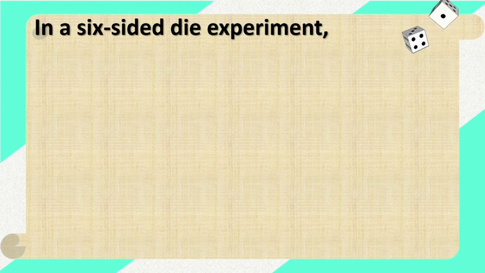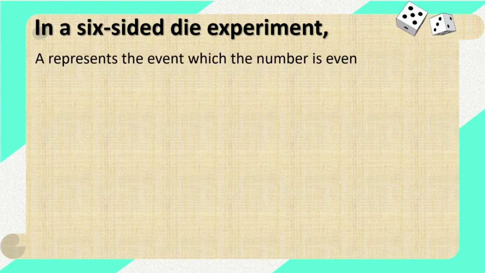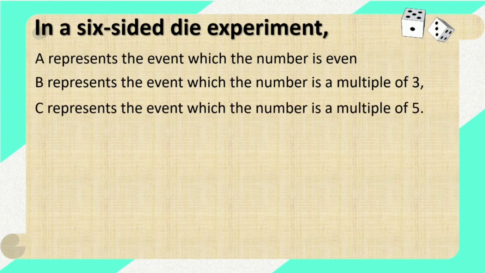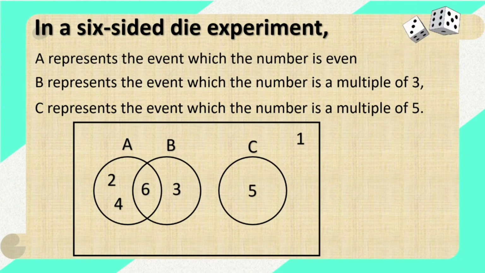Consider this example. In a 6-sided die experiment, A represents the event which the number is even. B represents the event which the number is a multiple of 3. C represents the event which the number is a multiple of 5. This is the representation of the above information using the Venn diagram.